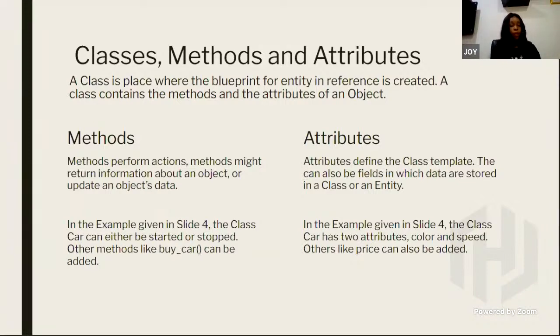So a class can have access modifiers, right? You can either make your class public, private, or protected. These access modifiers are ways in which these classes can be used or reused. They determine the accessibility and the visibility of the class that is being created.